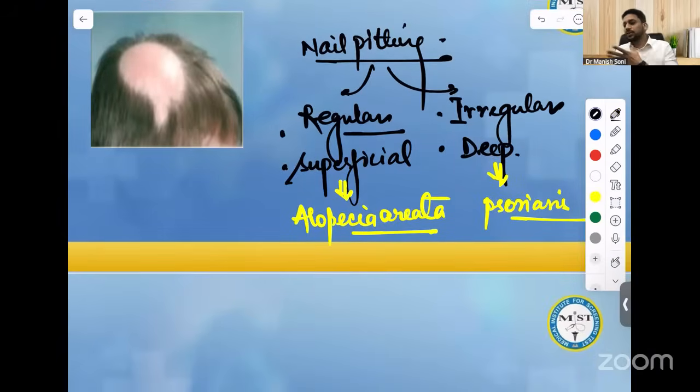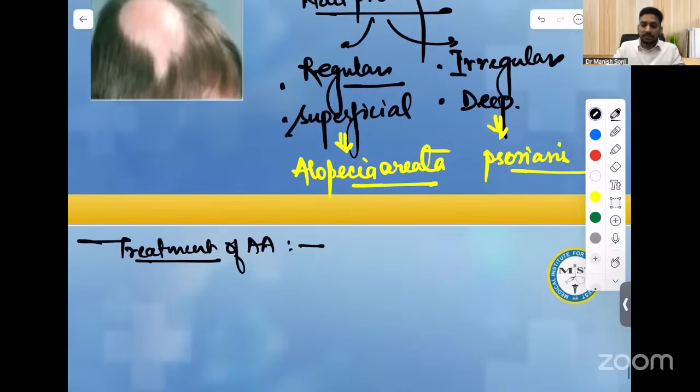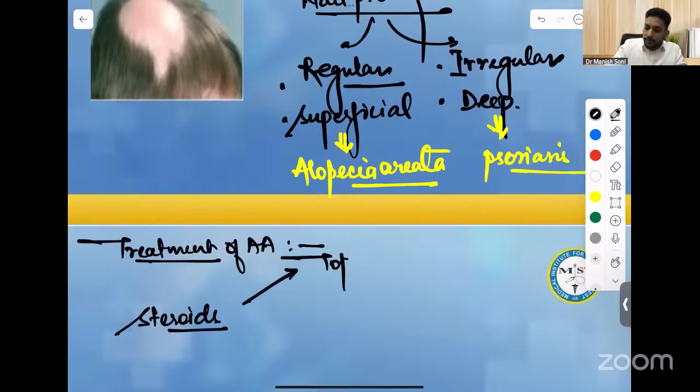So one of the students was asking, what is the treatment of alopecia areata? Now remember that alopecia areata is an autoimmune condition. So because it is an autoimmune condition, we need to treat it with immunosuppressive drugs, like you can give steroids. Steroids can be given topically, like topical clobetasol.